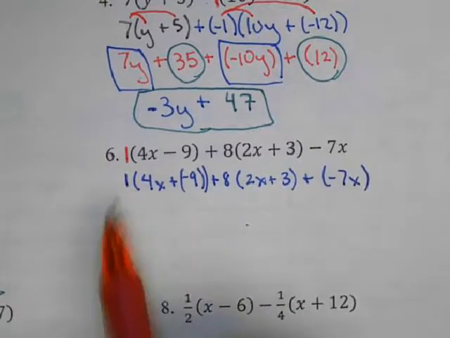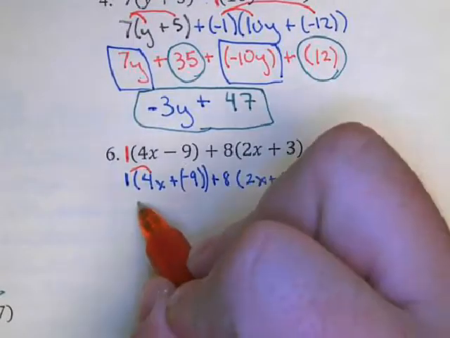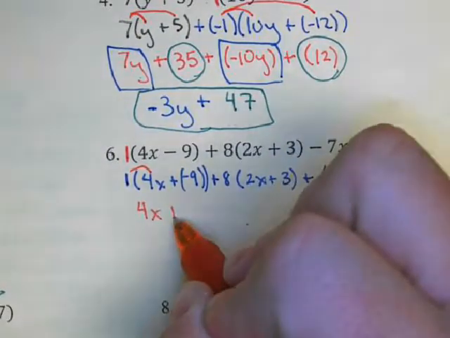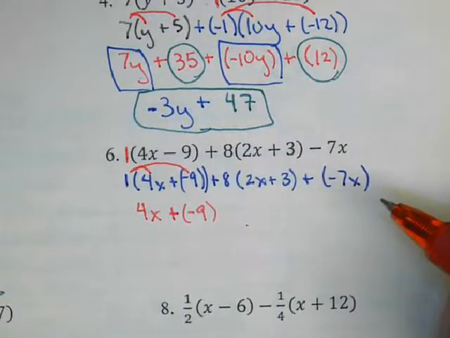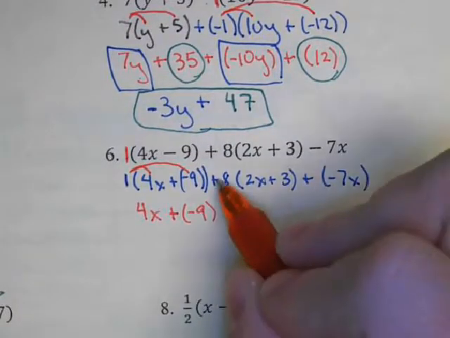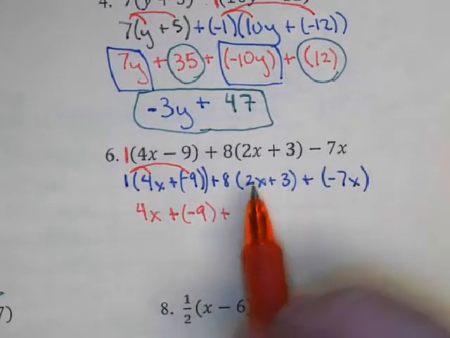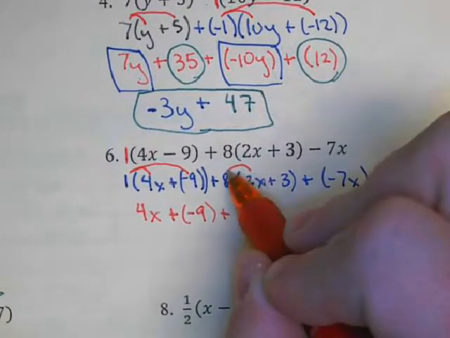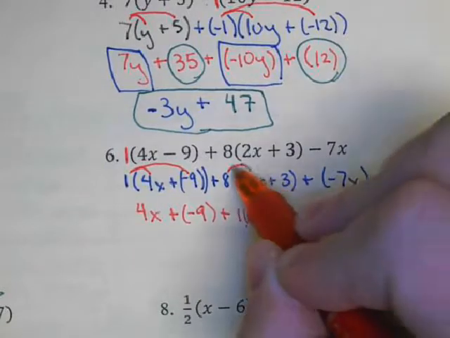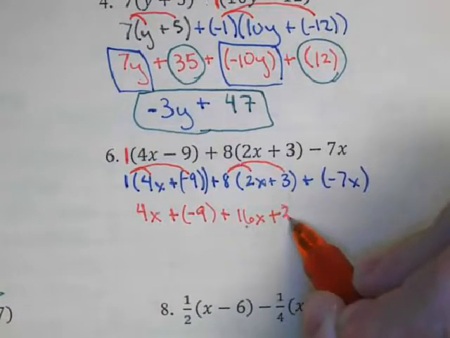So I have a 1 out front of here. 1 times 4x is 4x. Bring my plus sign down. 1 times negative 9 is negative 9. Let's bring our plus sign down. More distributing. I have 8 times 2x is 16x. Bring my plus sign down. 8 times 3 is 24.